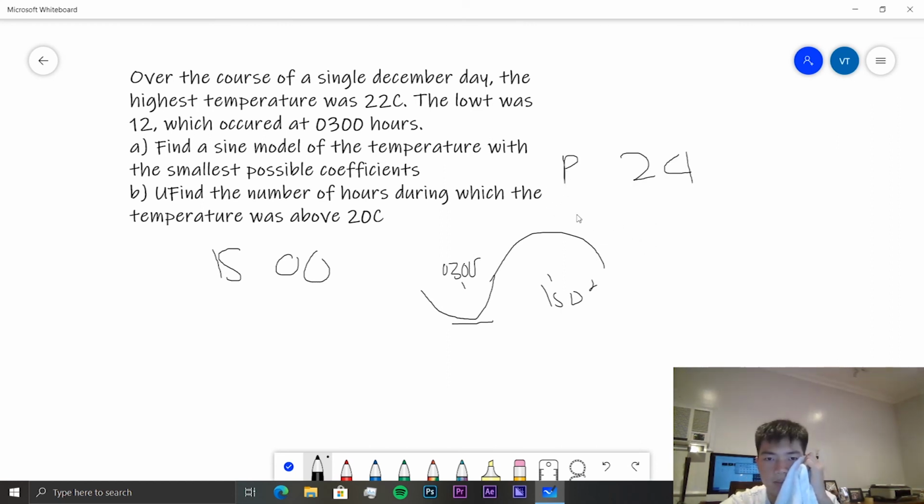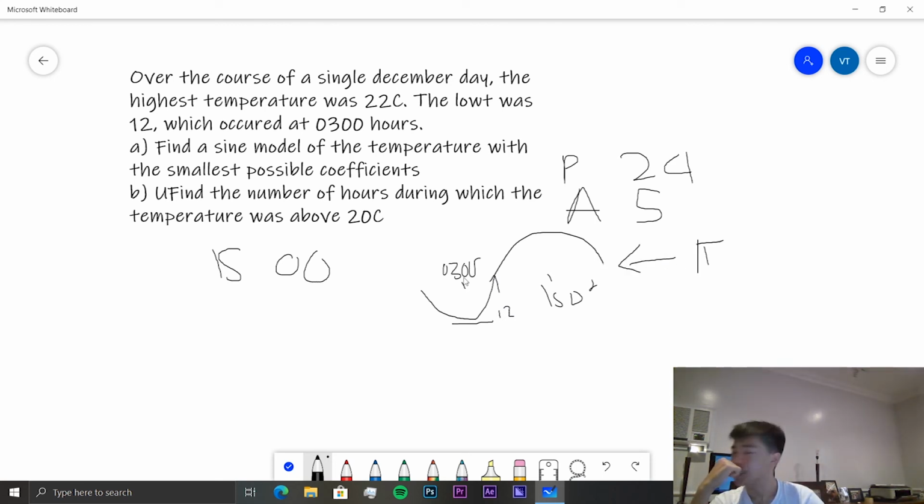It has an amplitude of 5, and it's shifted, this is 1/4. It has shifted pi over 2, 0, 3, so this is 12, so this should be shifted by pi. I want to say 9 pi over 8.